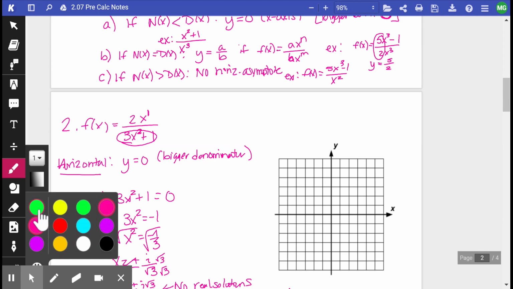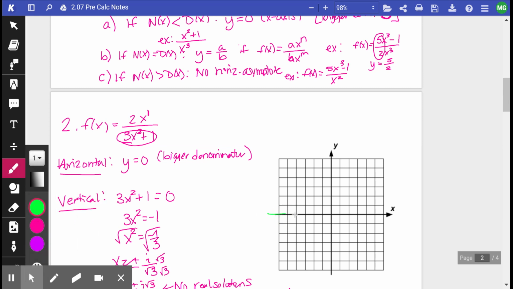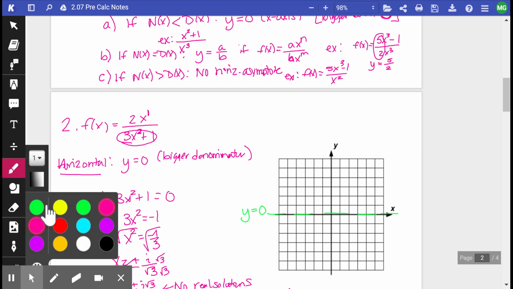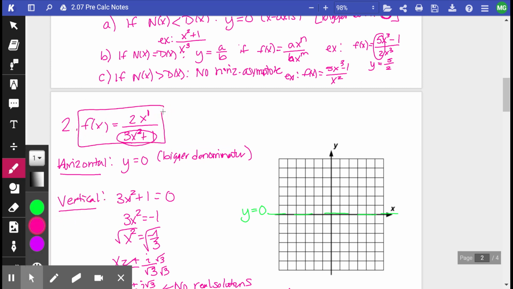So horizontal is y equals 0, which is the same as your x-axis. And then we don't have a vertical asymptote. So go to your calculator and type this into your y equals, to your y1. You can use your alpha y equals would be best here. Otherwise, you have to remember to put your parentheses on. Go to your table.